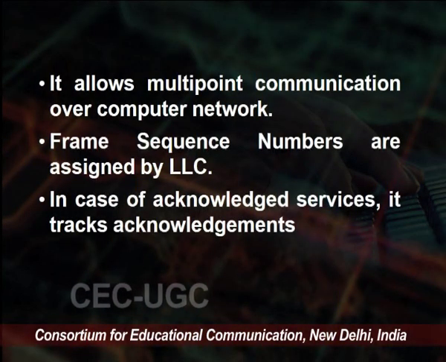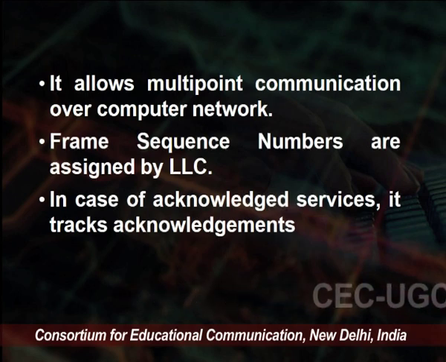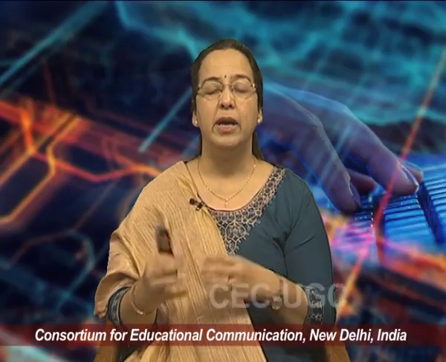Frame sequence numbers are also assigned by LLC. Although the whole address is managed by your MAC, the frame sequence numbers are assigned by the LLC, and on the basis of these frame sequences only your selective repeat or your go back N protocols are working, and they are able to identify which frames need to be retransmitted.